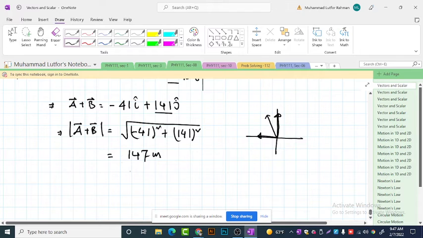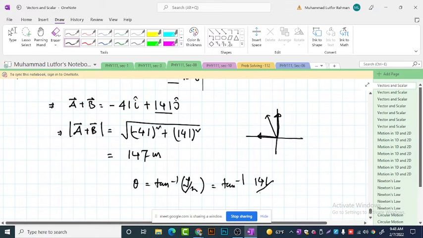Now if you find the angle using the formula tan inverse y by x, what would it be? Tan inverse of 141 divided by minus 41.